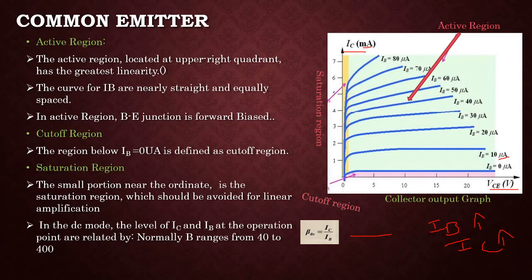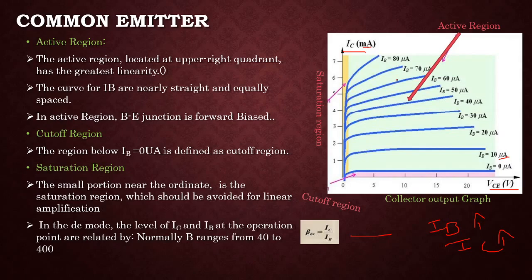So in this common emitter configuration, we have to remember that the output characteristics has been plotted between VCE versus IC by maintaining IB current as a constant. So this is the plot. Whenever I am increasing the IB current, the IC current increases, so the plots are shifting above.